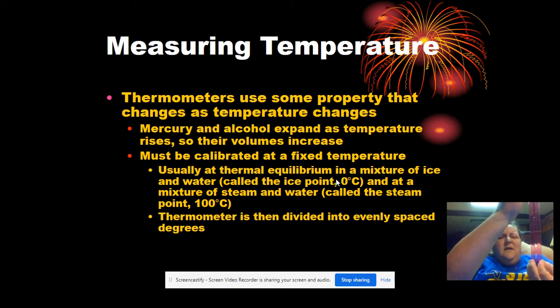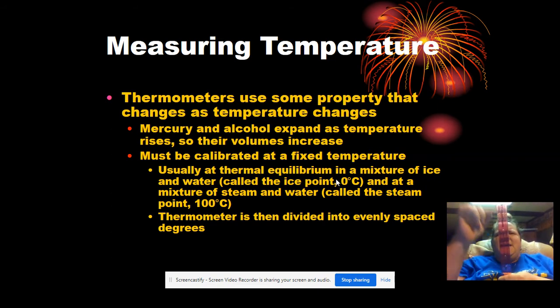Likewise, when this alcohol loses heat and cools off, it gets sucked back down into the glass bulb. You get the idea? So the substance here, in this case alcohol, heats up, goes up the tube, cools down, and is sucked back down. All we have left to do is put some kind of scale along this so that we can refer to whatever that temperature is and give it a value.